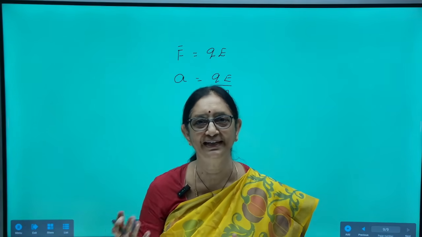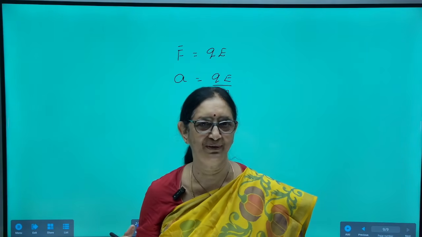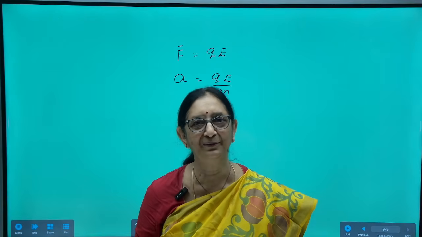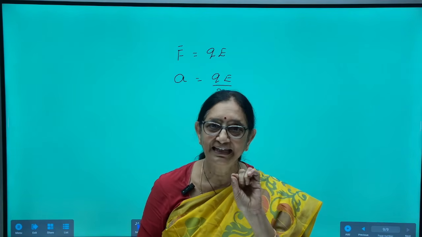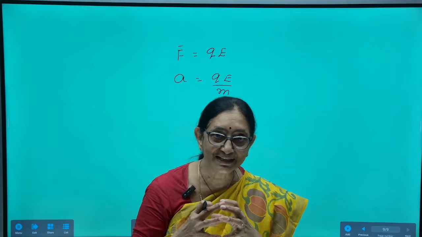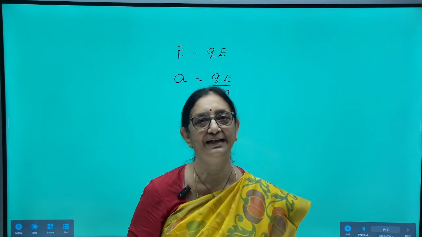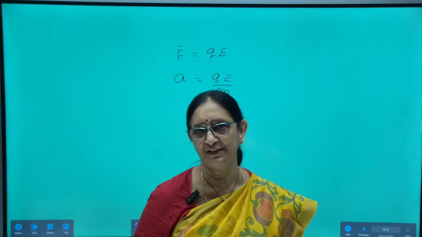V is U plus AT, S is UT plus half AT square, V square minus U square is 2AS, Sn is U plus A by 2 into 2n minus 1, where we will be using A as QE by M. So, this concept is linked with kinematics and given in JEE main question papers.